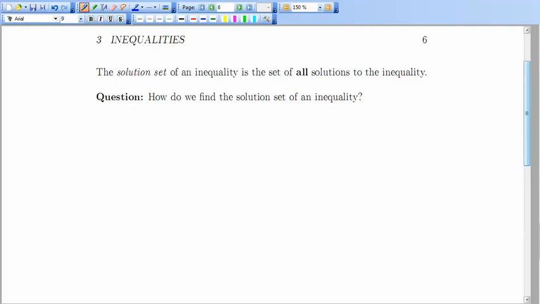Okay? But here there's an important difference. And in fact, I want to just stick to linear inequalities at this moment. We'll solve nonlinear inequalities later in the course. It's pretty technical. We'll just stick to linear for now. Okay? Well, we're going to isolate the variable just like we would for a linear equation.